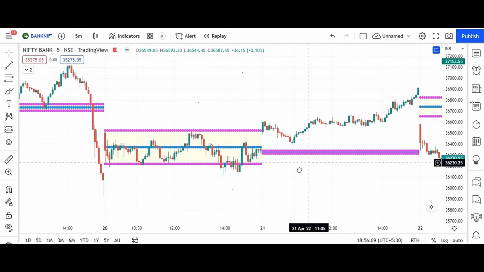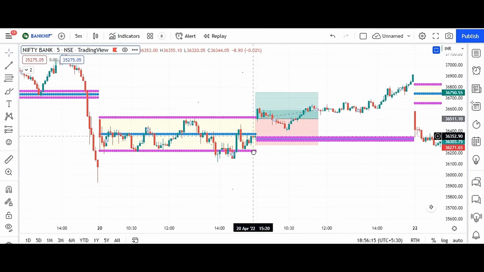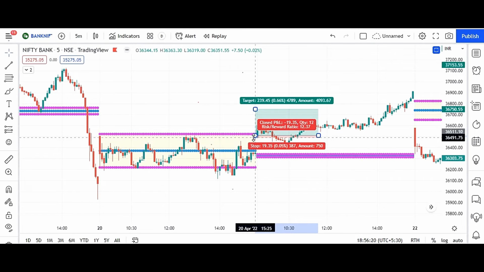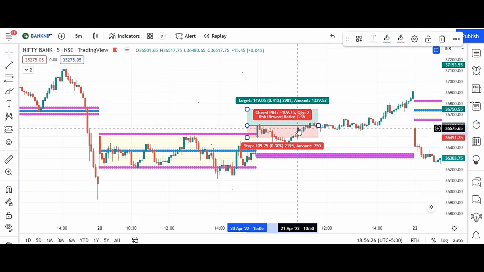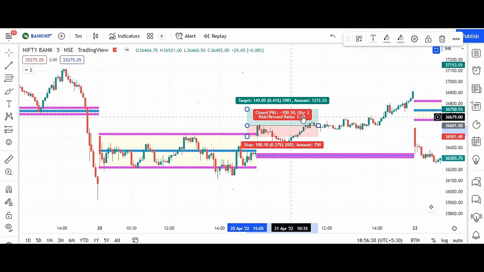Okay, this is another good trade for you. If you take an entry here, and you have been taken out by your SL, the candle crossing around here, you might have lost some. So one is, you might have lost some money here.